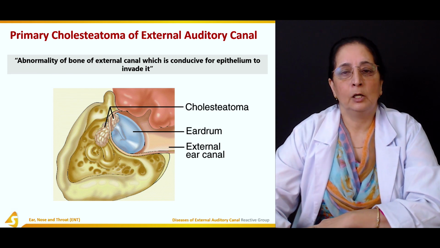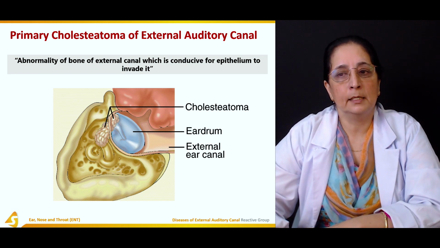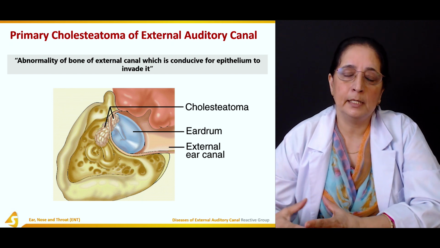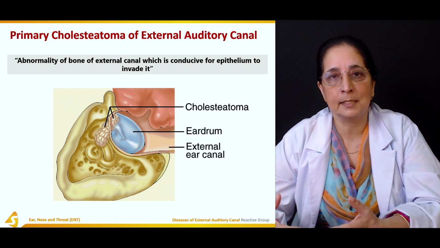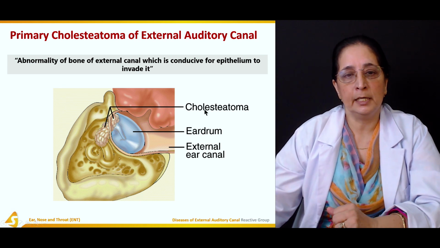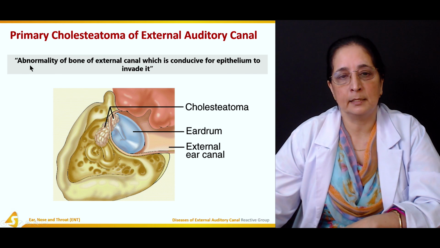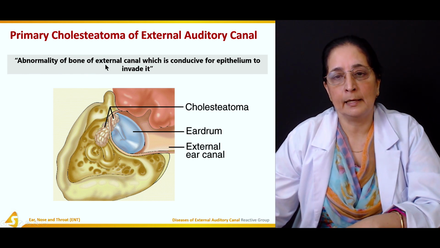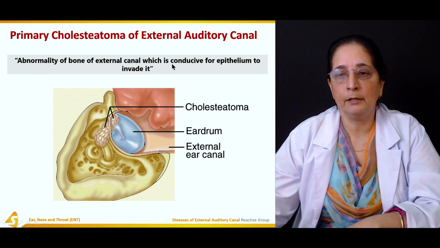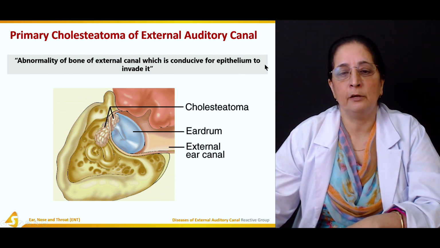Next, primary cholesteatoma of the external auditory canal. Cholesteatoma is an abnormal growth of cells. Usually in the ear there is an abnormality of the bone of the external canal, which is conducive for epithelium to invade it.